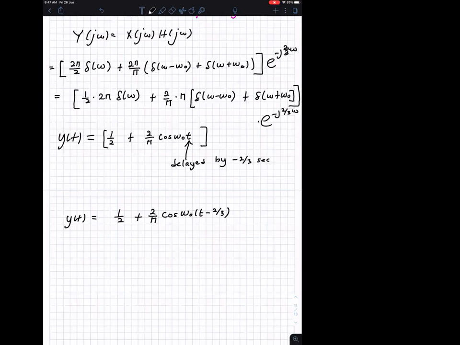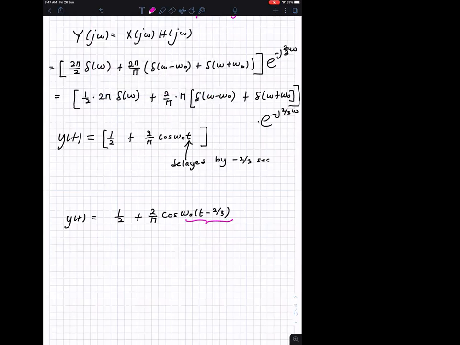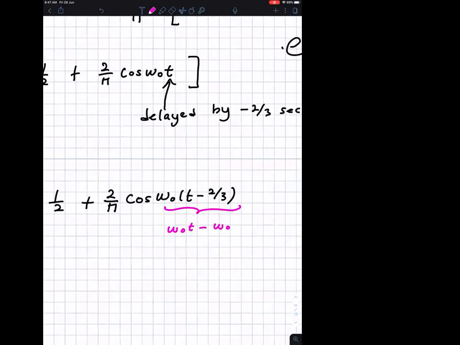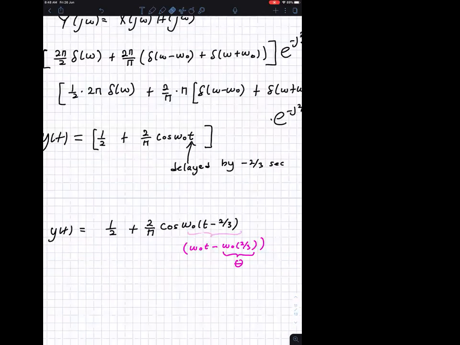Usually this part right here is a time shift, time delay. But when you multiply these things, it becomes omega naught t minus omega naught times 2/3. So when you multiply this, then you will get the phase, theta: frequency times time. But for now, you can just leave it. I was just showing you the difference between representing it as a time shift and a phase shift.